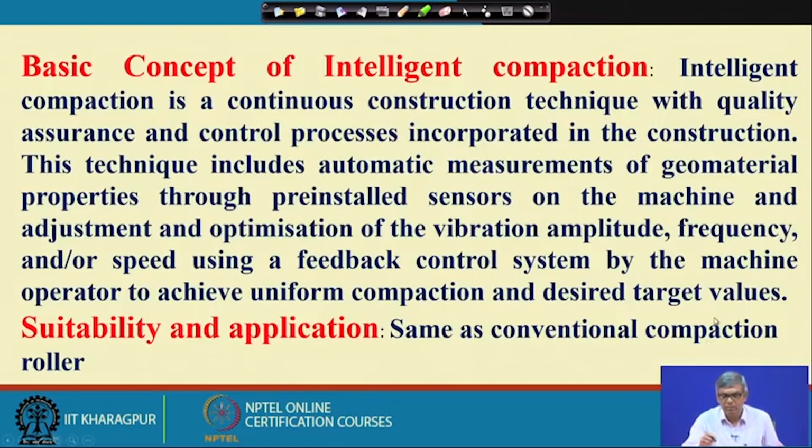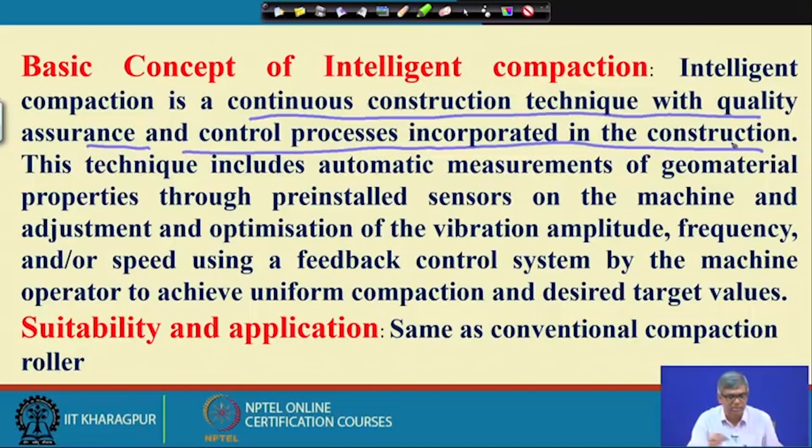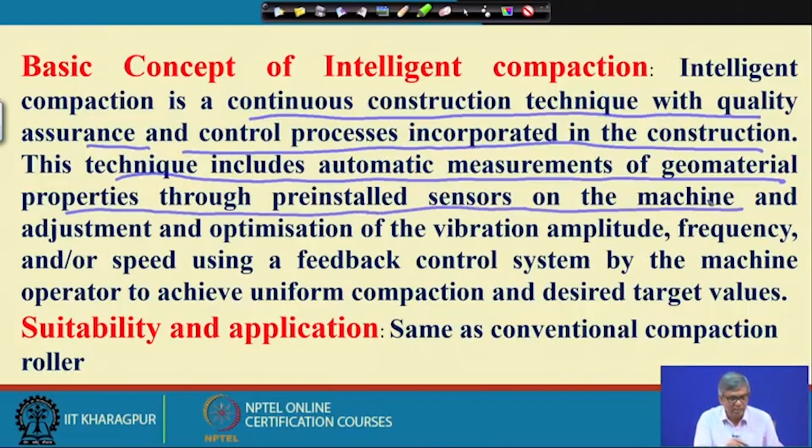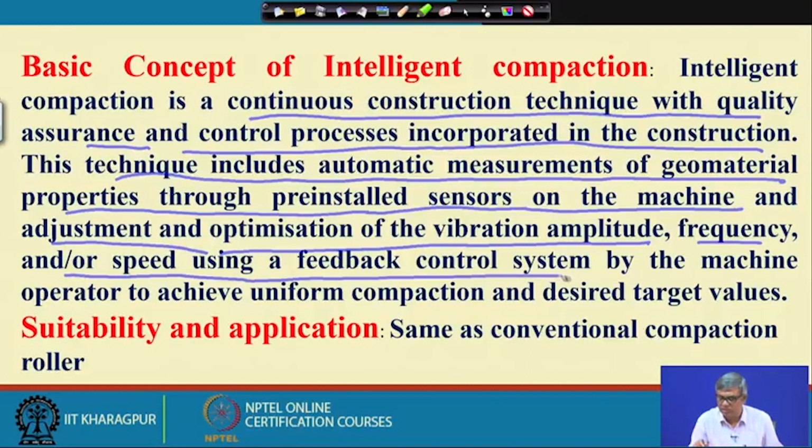The basic concept of intelligent compaction is a continuous construction technique with quality assurance and control processes incorporated in the construction. This technique includes automatic measurement of geomaterial properties through pre-installed sensors on the machine, and adjustment and optimization of the vibration amplitude, frequency and or speed using a feedback control system by the machine operator to achieve uniform compaction and desired target values.